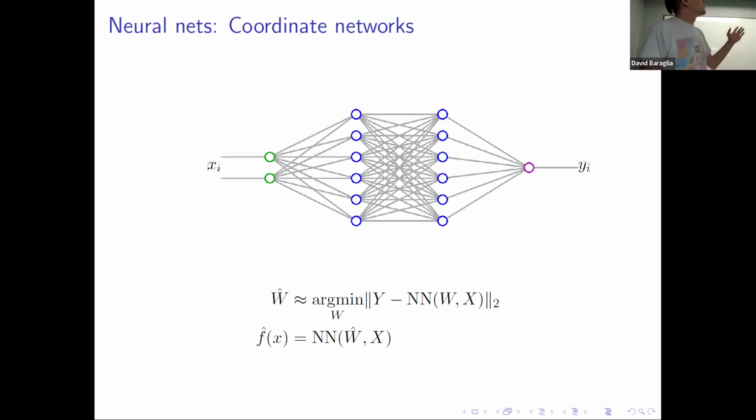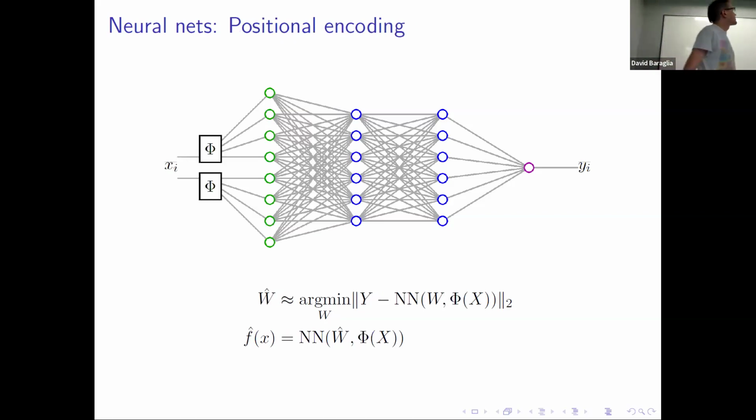So this has two inputs, say the X and Y, or the row and column, from an image. Instead, we can have a larger number of inputs. So instead of feeding our coordinate vector in directly, we feed it through some basis functions, component-wise.